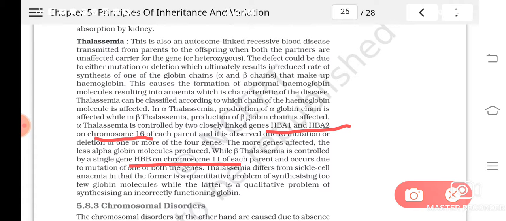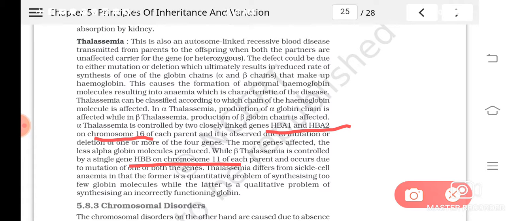So how is thalassemia different from sickle cell anemia? Thalassemia is a quantitative problem, in the production of how many polypeptide chains are produced. But in sickle cell anemia, enough RBCs and hemoglobin are produced, but their quality is different.